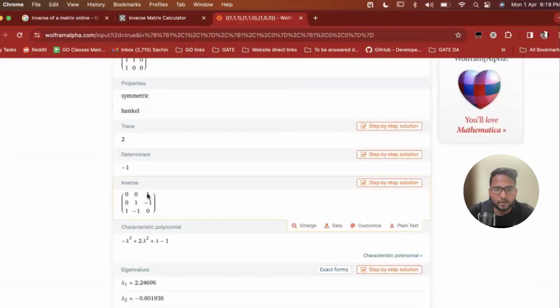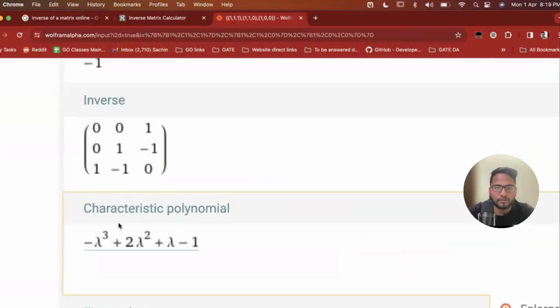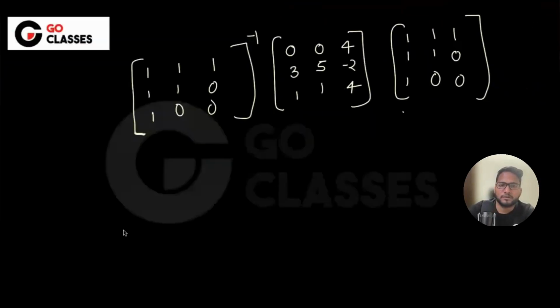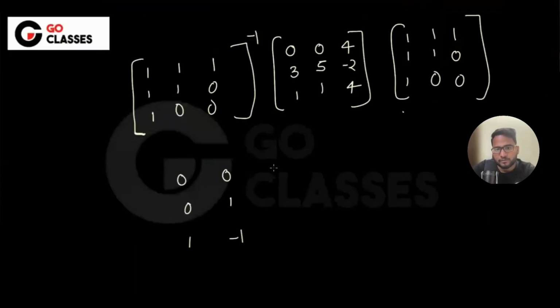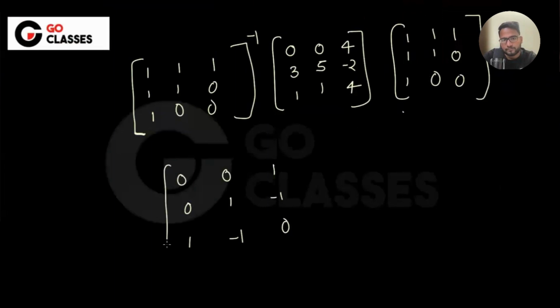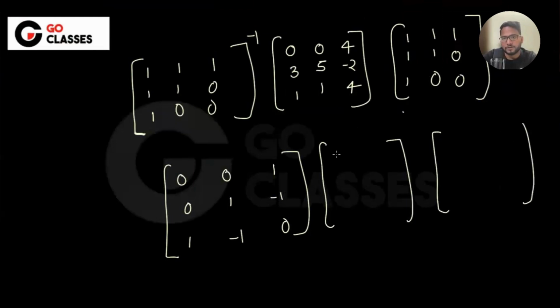So inverse is coming out to be 0, 0, 1, 0, 1, minus 1, 1, minus 1, 0. This matrix multiplied by that matrix multiplied by this matrix, right? So this is 0, 0, 4, 3, 5, minus 2, 1, 1, 4. And this is 1, 1, 1, 1, 1, 0, 1, 0, 0.